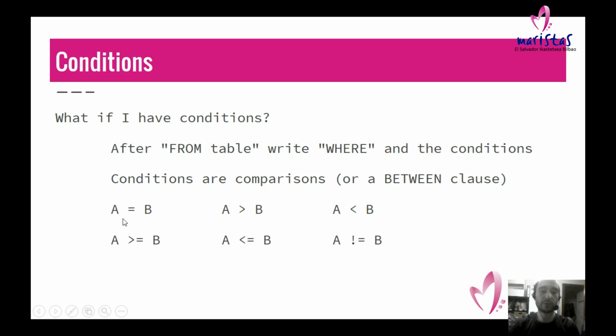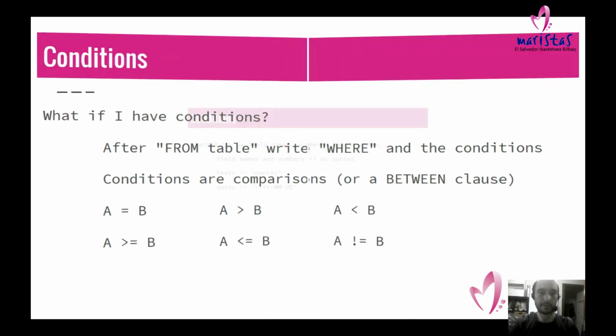What do we mean when we say that they are comparisons? That we are going to write if something is equal to something, or bigger than something, or smaller, or bigger or equal, smaller or equal, or different, right? These are the signs that we are going to use for equal, bigger, smaller, bigger or equal, smaller or equal, and different, right? What can A and B be?